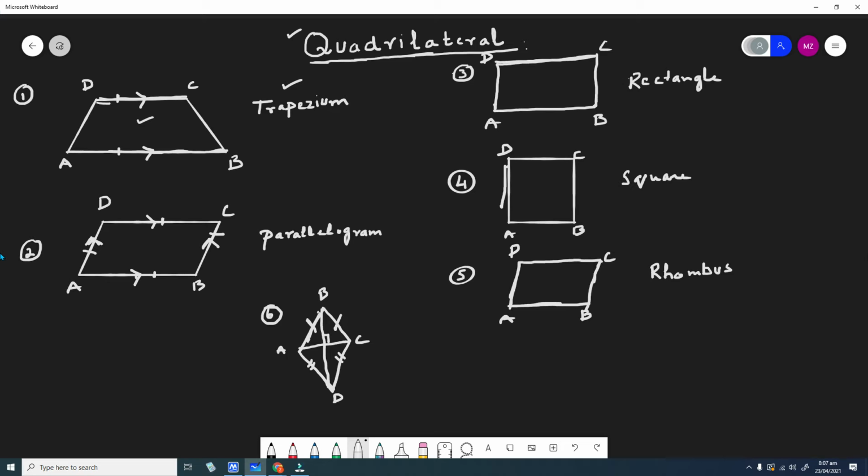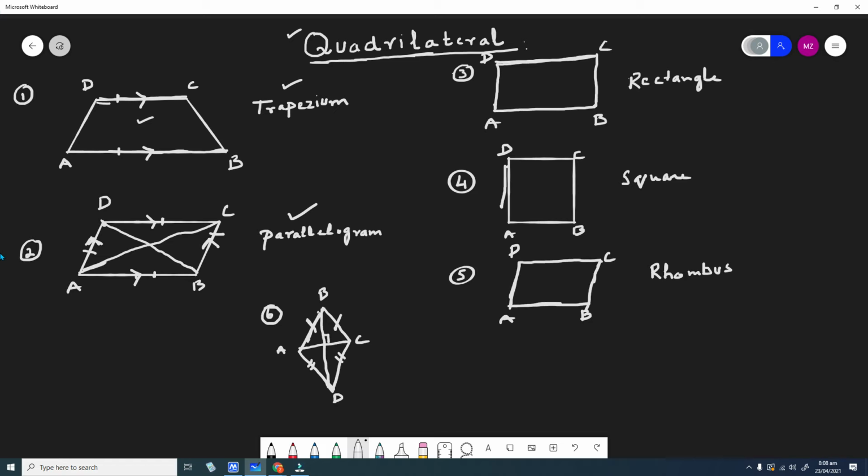Second thing: if we draw the two diagonals of a parallelogram, one diagonal and the other diagonal, these two diagonals will not be equal. If the quadrilateral is a parallelogram, the diagonals are not equal, but they bisect each other.